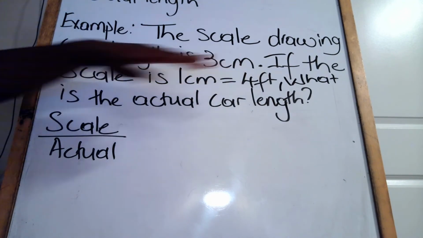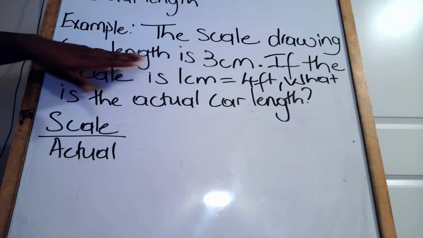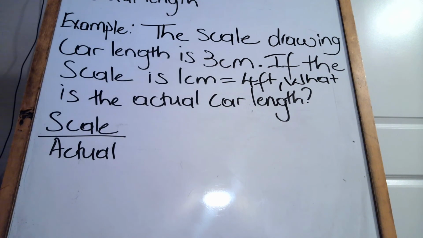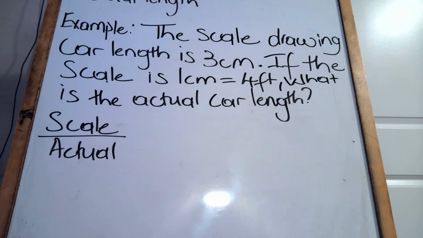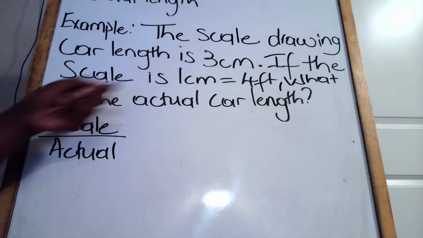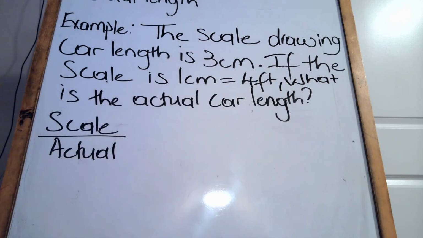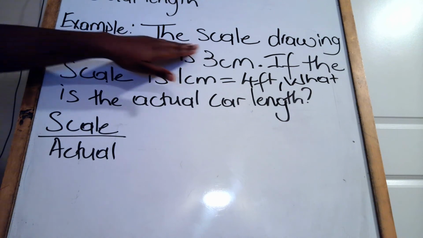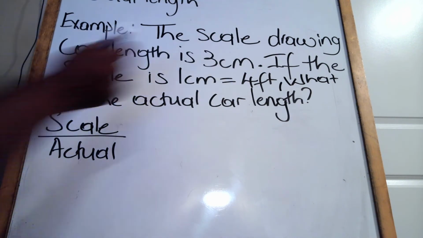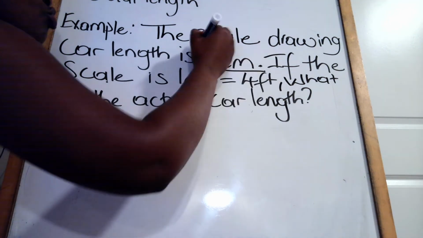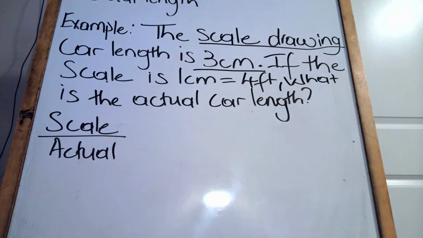The scale drawing car length is 3 centimeters. If the scale is 1 centimeter equal 4 feet, what is the actual car length? So let's identify the key phrases in the question. It says the scale drawing car length is 3 centimeters.